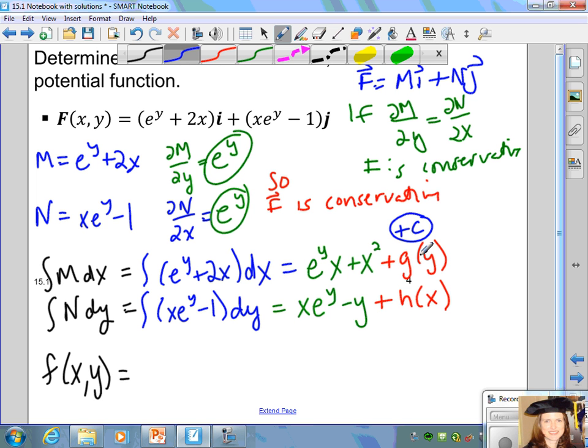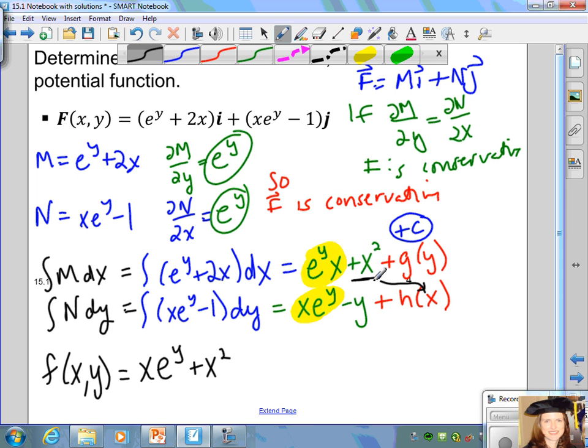So the potential function is found by combining these. Notice that they both have this common term of x e to the y. We only put it one time in our potential function, x e to the y. Now we also want to include this plus x squared. We don't see that in the other one, but that is actually part of this constant that we added here. So our potential function is equal to this, and it's equal to this, but we're treating those as constants when we added that.